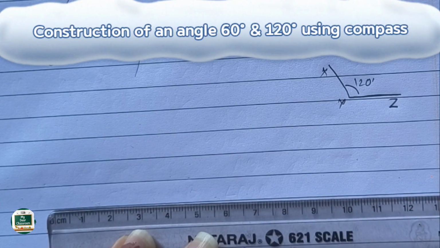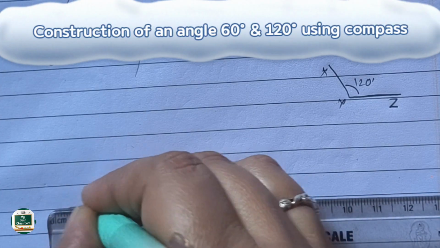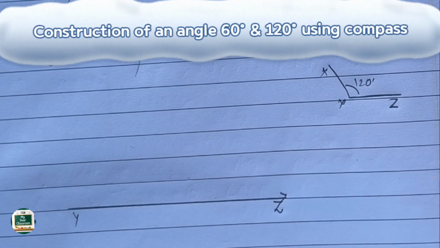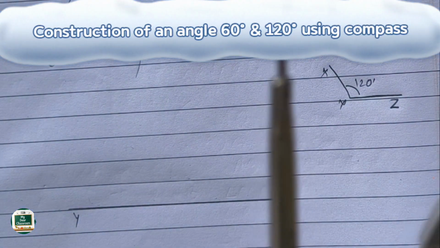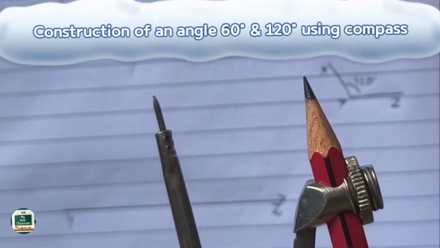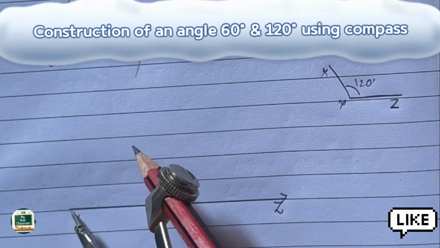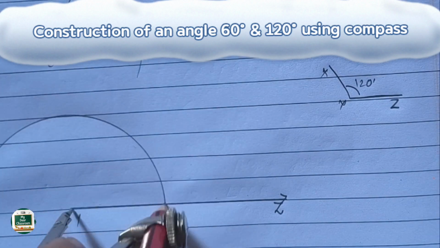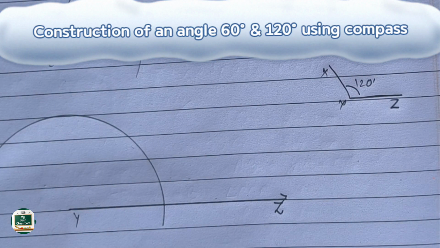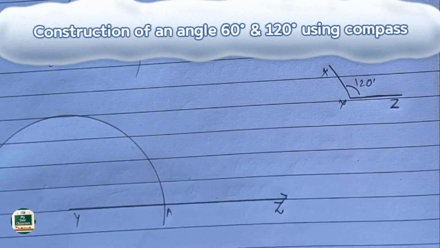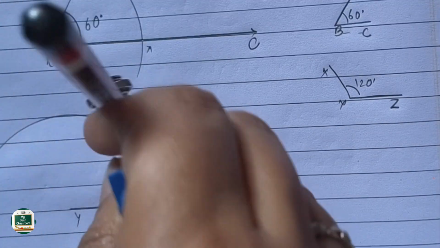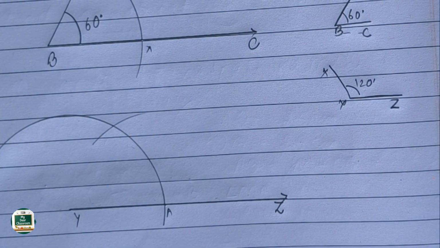Now let's start the 120 degree angle. Let's say Y and Z. I will be taking any radius from the compass. From pointer Y, I will draw an arc like this. Let us again name it A. Now from pointer A, I will draw another arc as we do for 60 degree.